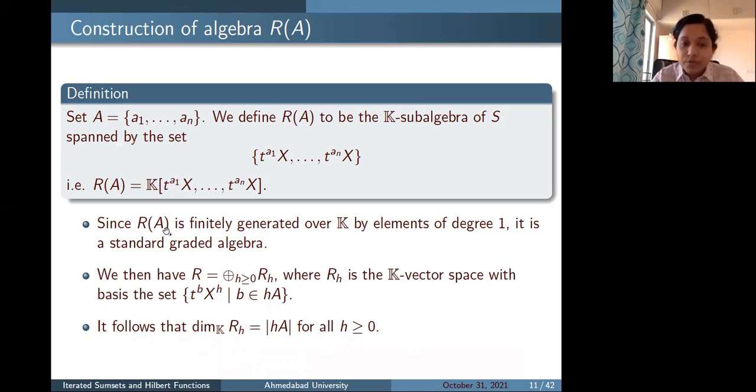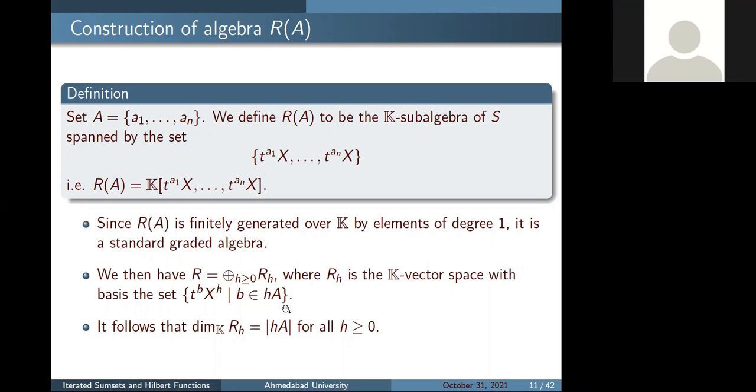Clear? Since R_A is finitely generated over K by elements of degree 1, it is also a standard graded algebra. And so we have R as the direct sum of R_h. What is R_h here? R_h is the K vector space which has the basis set t^b x^h, where b belongs to hA.